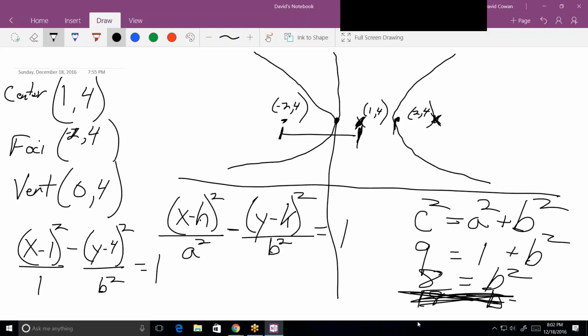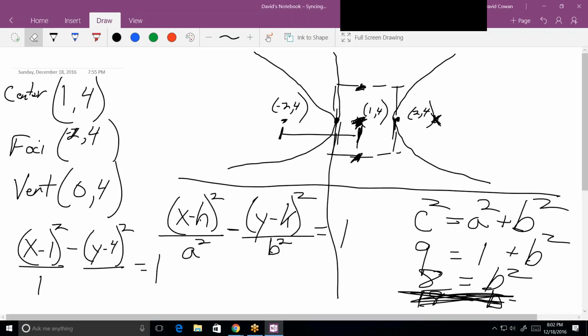That's not hard to believe, because b is the measurement from there to there, but it's also the measurement from there to there. So the plus or minus makes sense. But I didn't have to worry about it because I only need b squared, not b. So I'm going to replace my b squared with 8, and there's my answer.